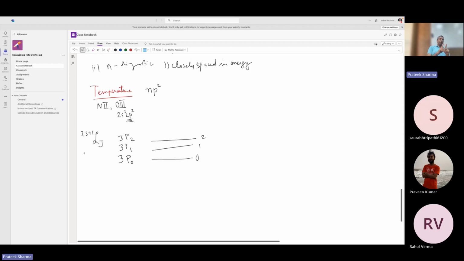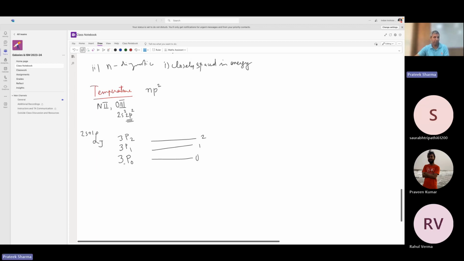You have to do S1 plus S2 to get capital S, L1 plus L2 vectorially to get capital L, and similarly L plus S to get J. I'm not going to do that, but this is what you'll get as the fine structure levels. So this is a triplet state.